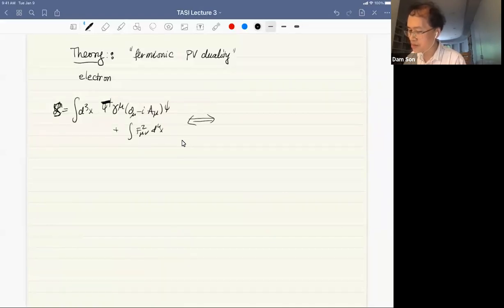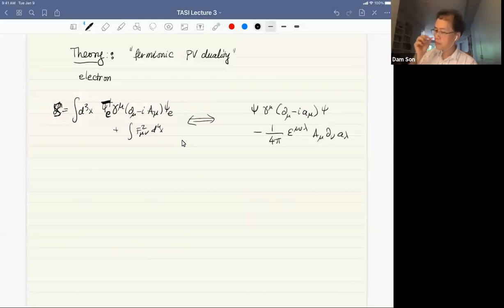Let me call this psi_E, the electrons, and this one psi without E: psi-bar gamma mu (d mu minus i a mu) psi minus 1/4 pi epsilon mu nu lambda a mu d nu a lambda, plus the 4D F mu nu squared.